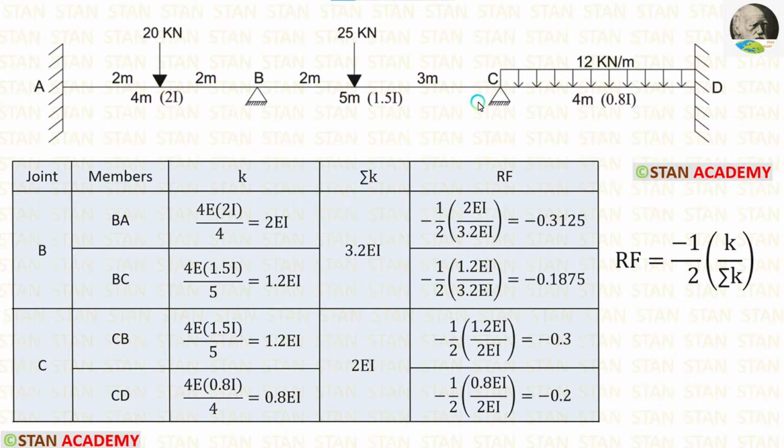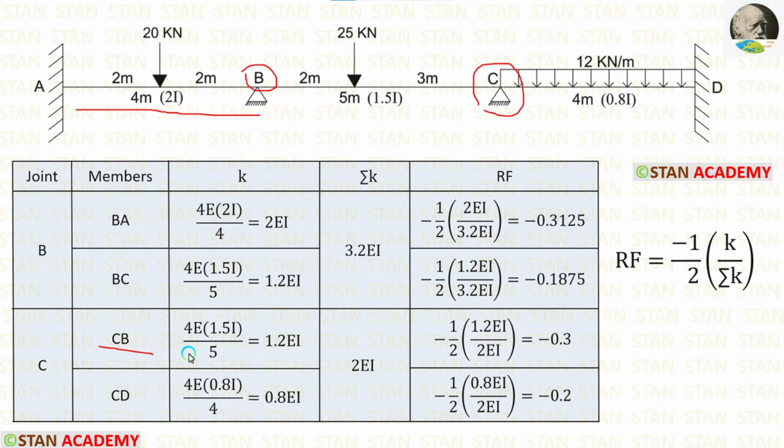Now, let us calculate the stiffness values in the joint C. First, let us calculate for CB. For that, from the joint C, we have to look at the point B. The point B is continuous because after the point B, we have the span AB.